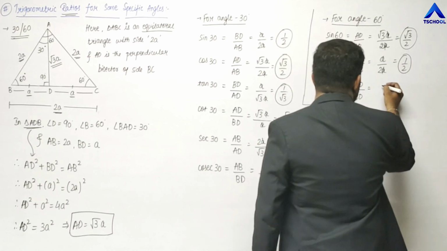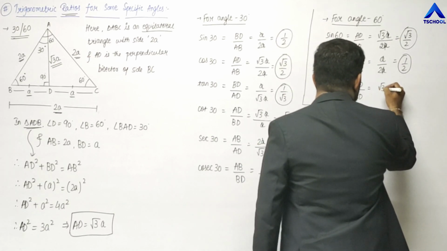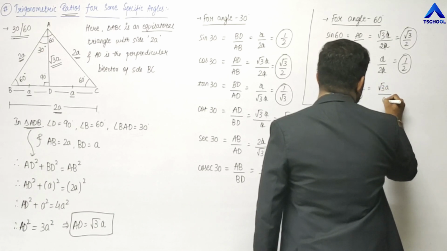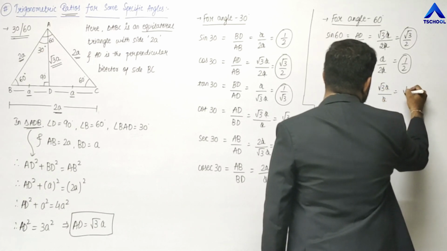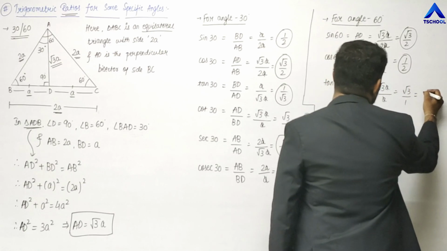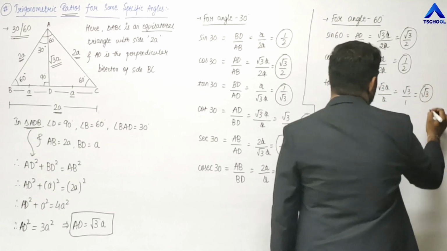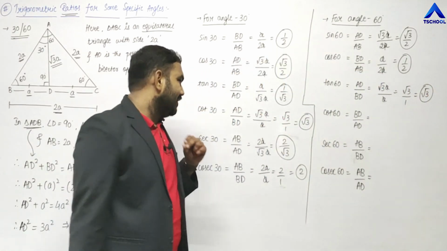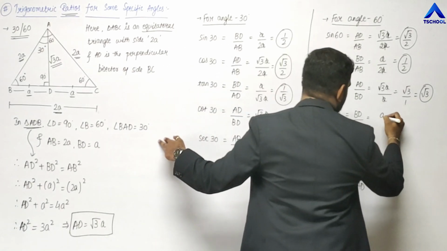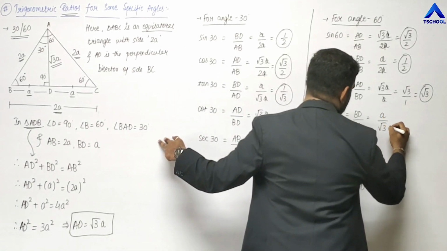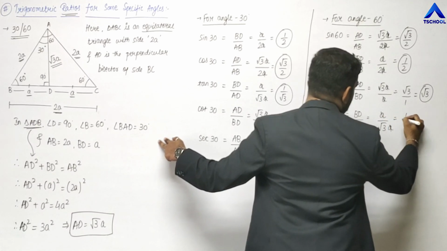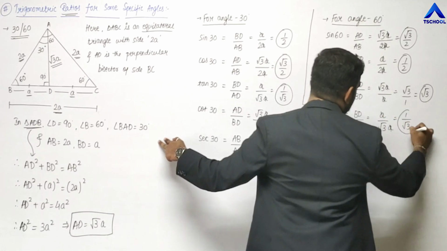The third one, root 3a upon a, a and a cancelled, which equals root 3 by 1, or you can write only root 3. The fourth one, a upon root 3a, a and a cancel, which equals 1 upon root 3.